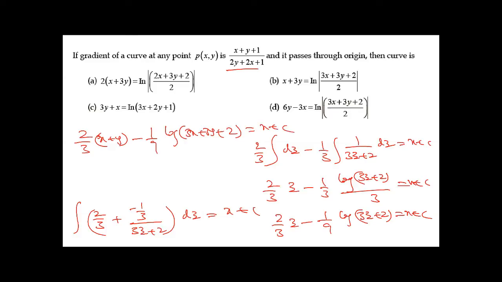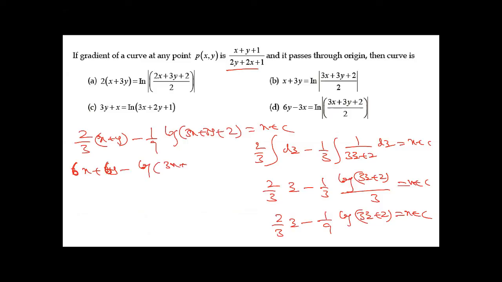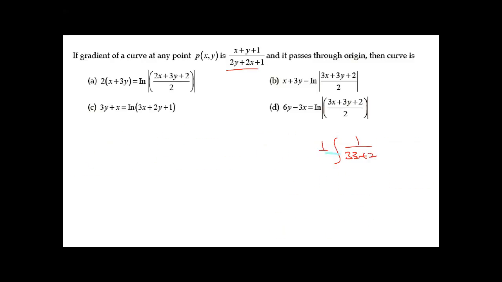Now take LCM on the right side as 9. So what comes here? Look at the options which is matching with this. 2x plus 2y minus, this is 6x comes, 6x plus 6y minus log 3x plus 3y plus 2 equal to, so LCM 9x plus c. 9x plus 9c also no problem, you can write 9x plus 9c.